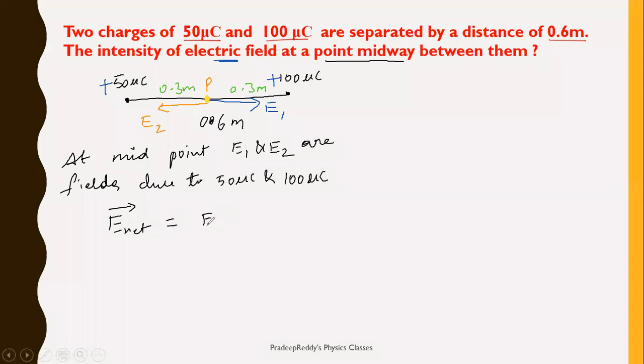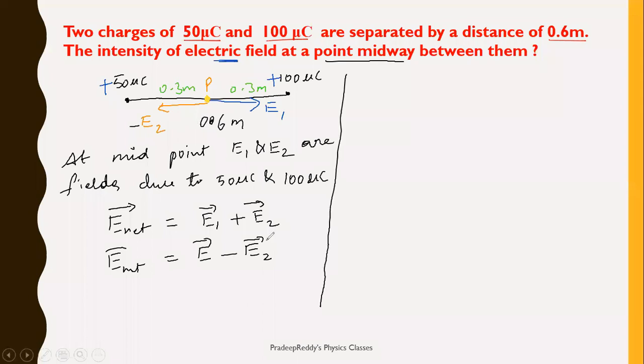It is E1 plus E2 vector. So E net vector will be equal to E1 as it is positive right side, minus E2 as it is left side. So you should take it as negative sign because it is a vector quantity. Both are in the same line, parallel to each other, so simply you can subtract these two vectors. Let me take this as equation 1.